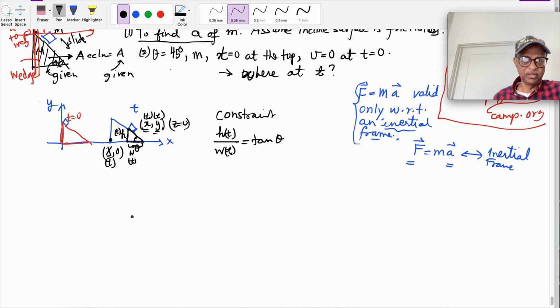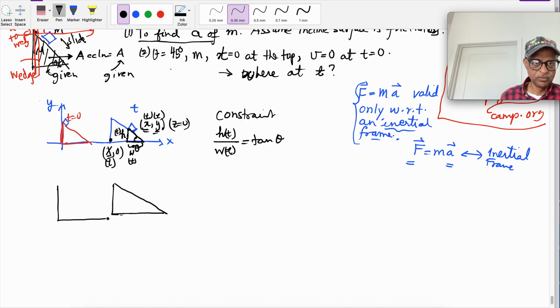So let me try to draw a bigger picture, somewhat nicely. From here to here, this whole thing, let's call it B, and we are over here. So this is Y, and this part is X. But from here all the way here is little x.